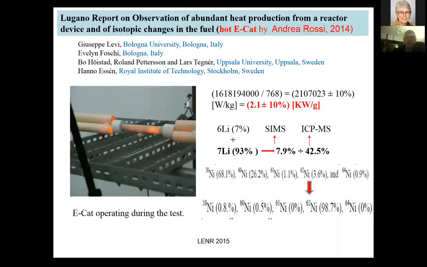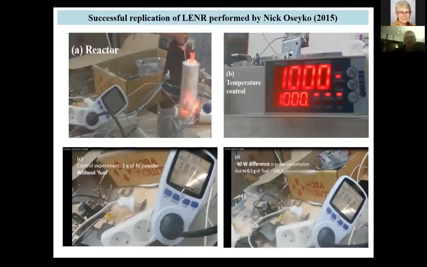So the first slide is a very well-known experiment by Rossi, which is claimed to produce kilowatts of excess energy per gram of the fuel, which is composed mainly of nickel and hydrogen. Also lithium seems to be an important ingredient.